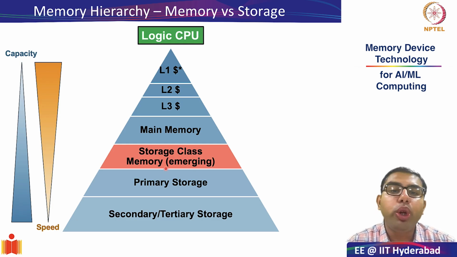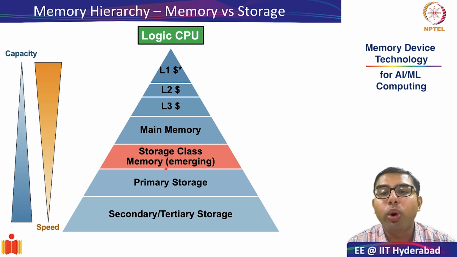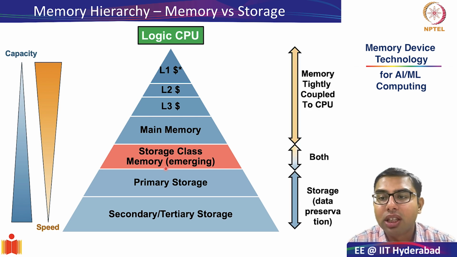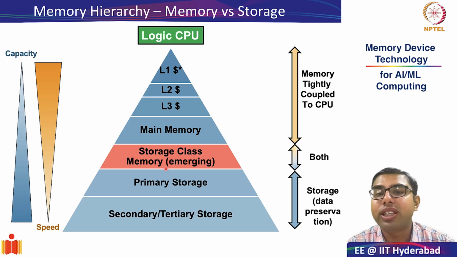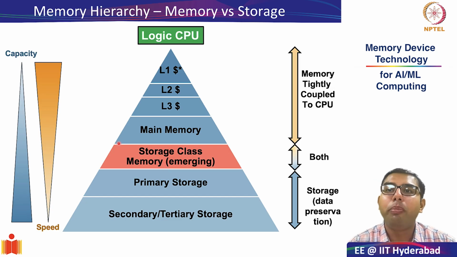But what would you classify storage class memories as? The best way to look at the present situation without storage class memories is that there is a clear distinction between the main memory and the primary storage.